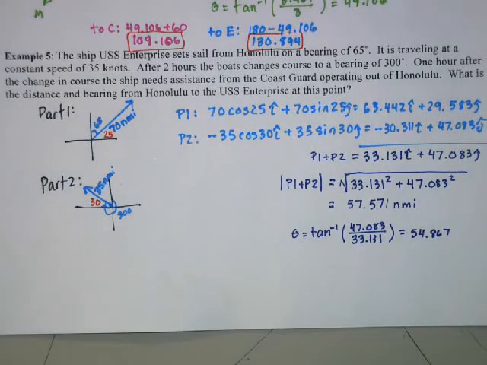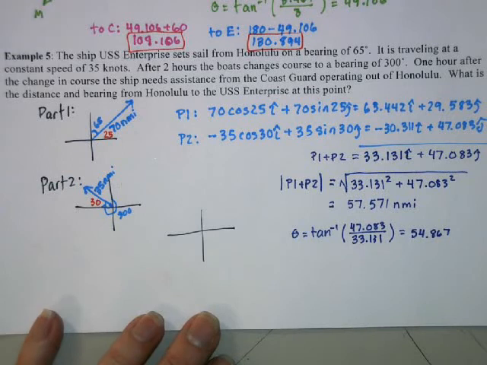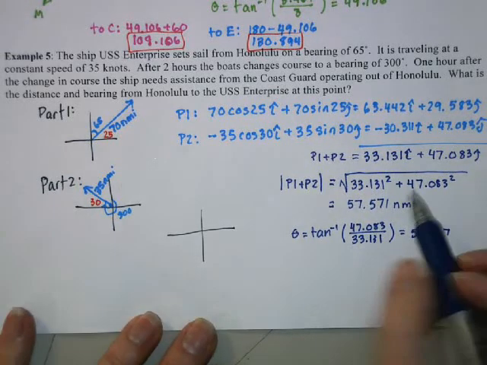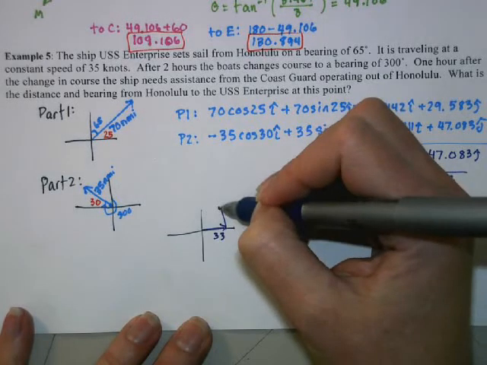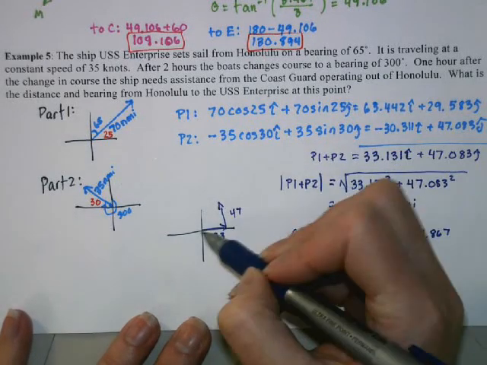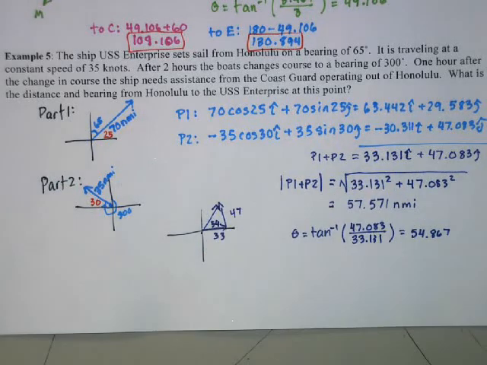But let's go back to the picture to see what we need to do to correctly answer this question. So we're at a positive 33 and a positive 47. We found this to be 54.